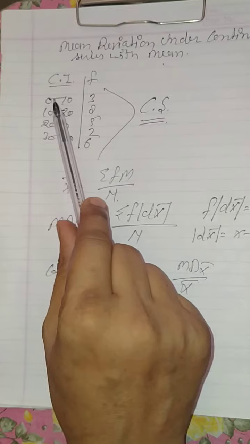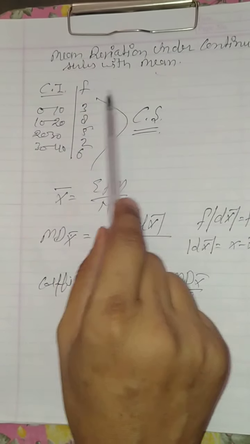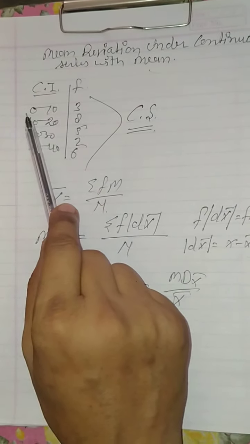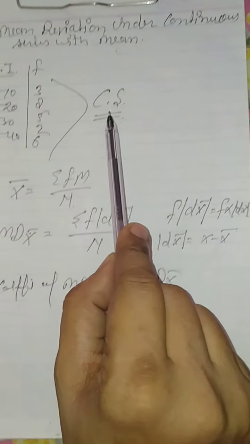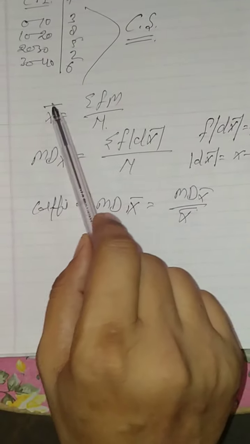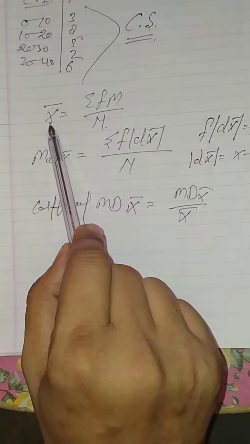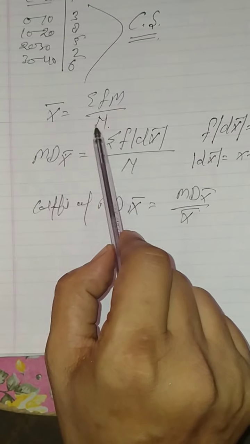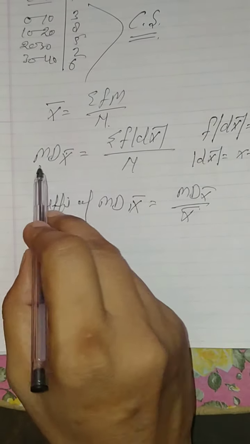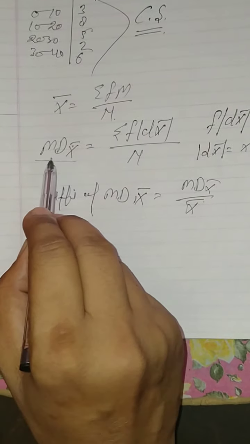We have discussed mean deviation under continuous series with mean. So, first of all, we will recognize the continuous series. Under this series given is class interval and frequency. After that we will apply the formula. First of all, we will find out mean with the help of direct method. The formula: x bar is equal to summation fm divided by n. And after that we will apply the mean deviation formula.